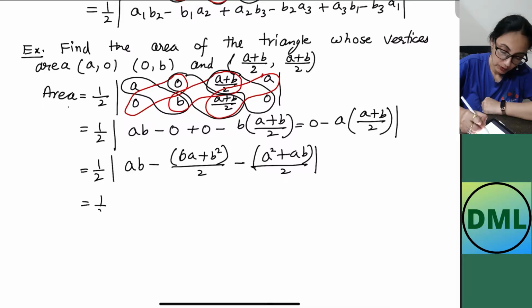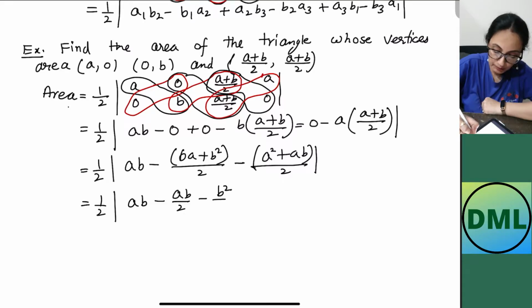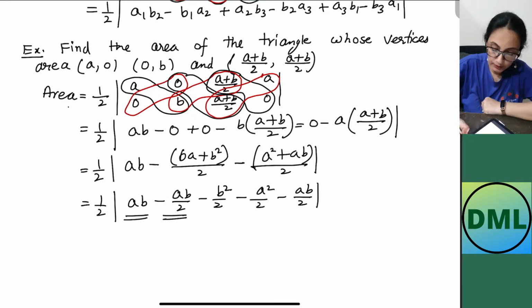That is half mod of ab minus, open the bracket, ab by 2 minus b square by 2, minus a square by 2 minus ab by 2. As you can see, I have to solve ab by 2 and ab by 2. So that is half mod of ab minus b square by 2 minus a square by 2.